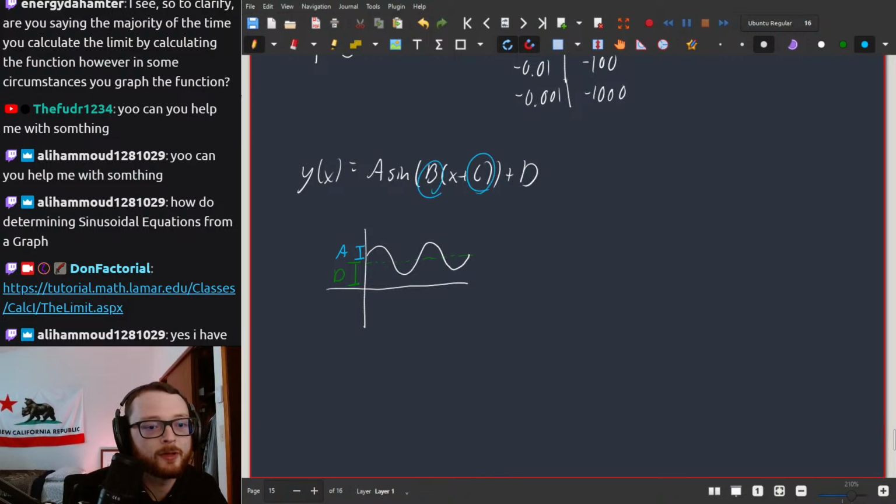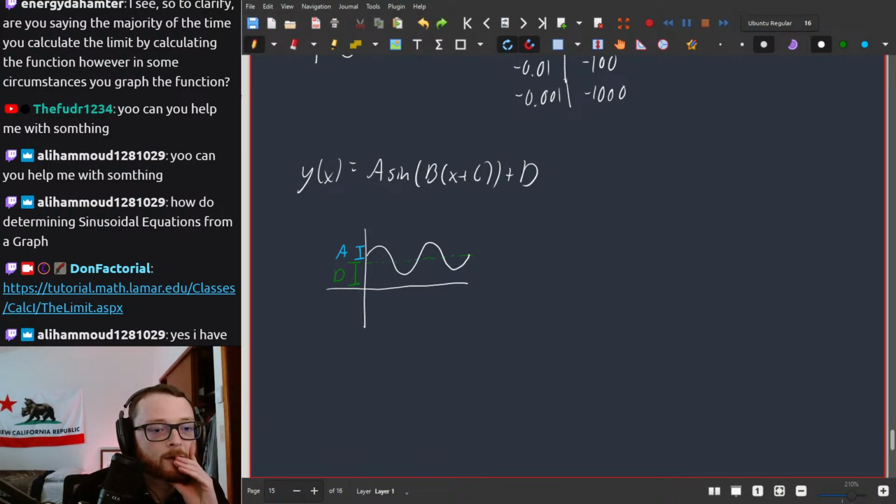The B and C are a little bit trickier. How should I describe this?